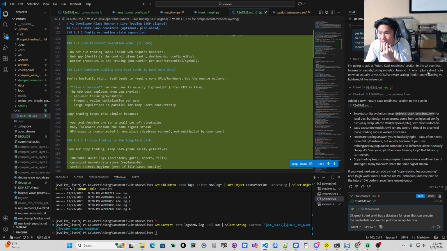Alright, so plus that focus on secrets, plus a short note on what actually drives GPU hardware scaling, multi-tenant training versus lightweight live inference. Okay.